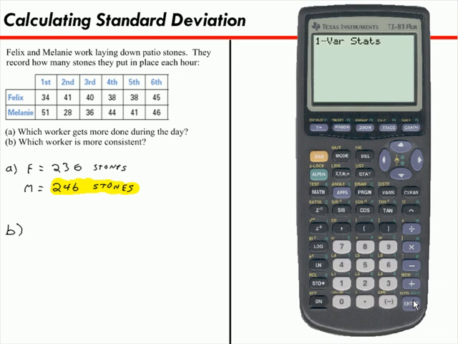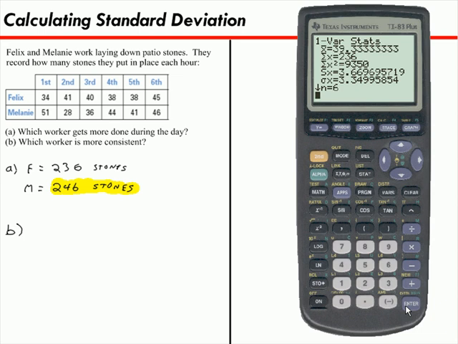Now it's asking for the list. Which list do I want? Well, I want L1. To get that, I hit the second button, then stat, because it'll give me list. You see how it's right there in yellow? And L1 is highlighted, so I'm going to hit enter. Now it's about to give me the one variable stats for list 1. That's great, so I'll hit enter.